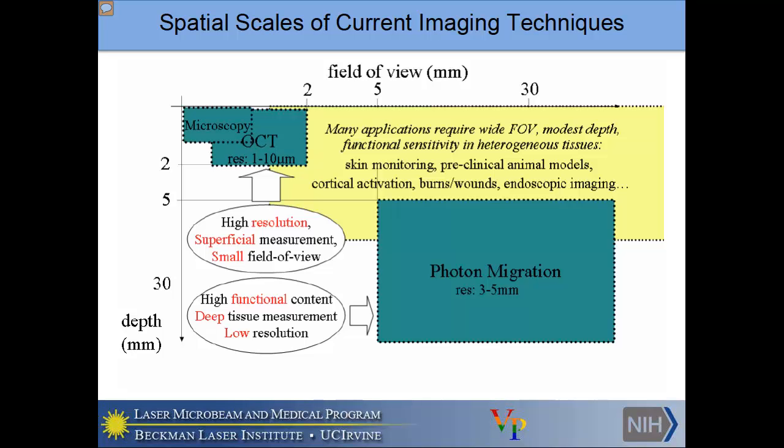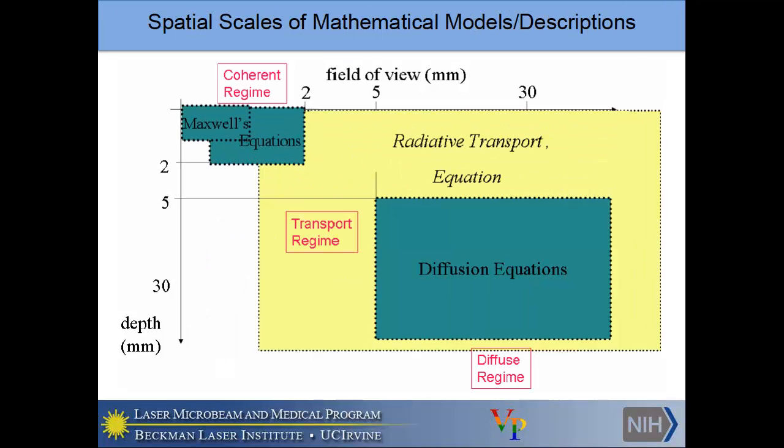That captures that area. And Monte Carlo, as we'll see in the next slide, covers quite a lot. Here we have the Maxwell equations in the coherent regime, as it's called, up here at the upper left corner. Radiative transport embraces and includes diffusion theory in the limit.